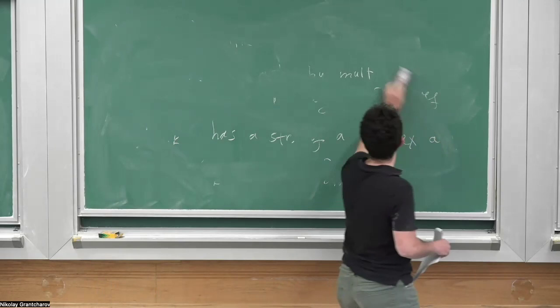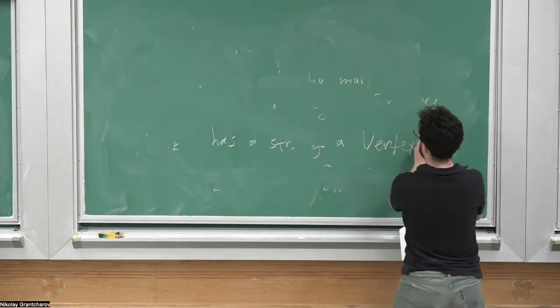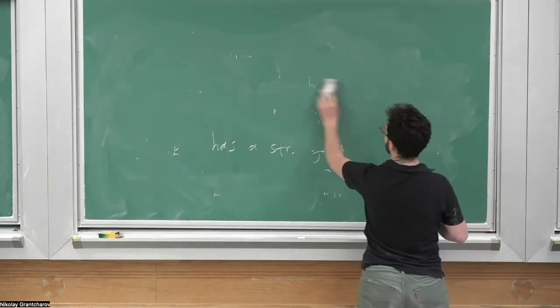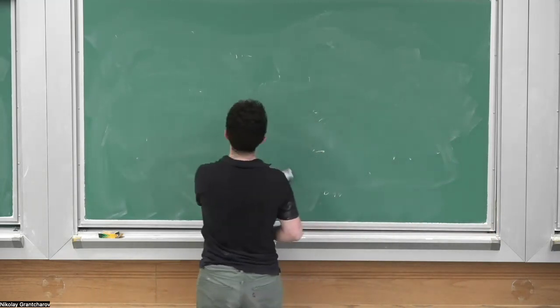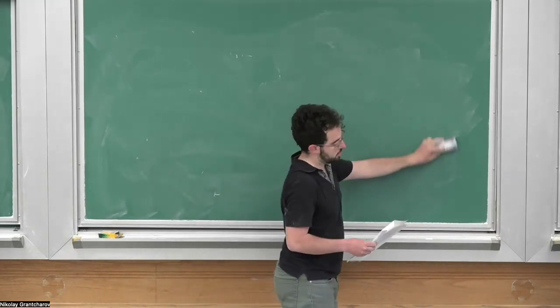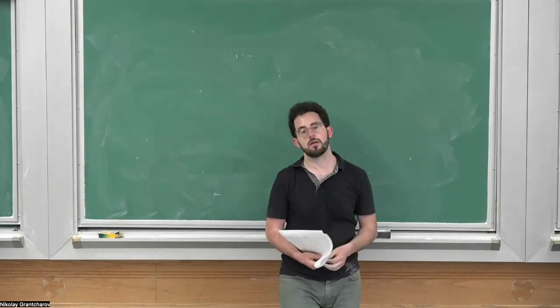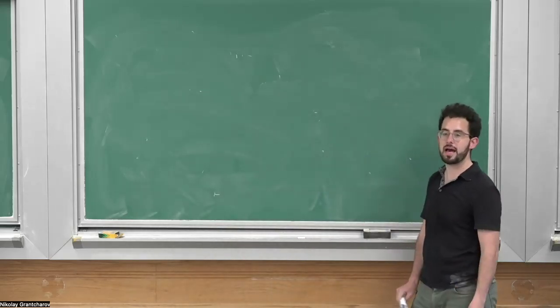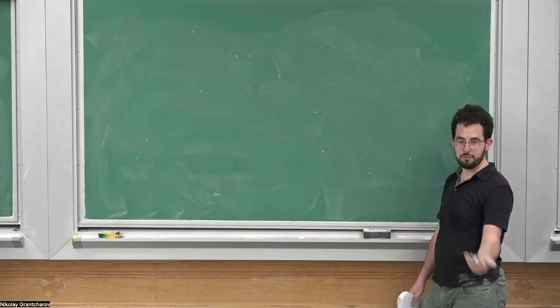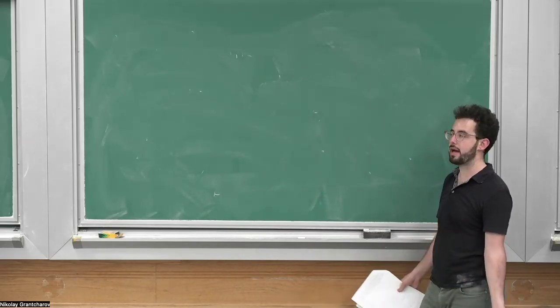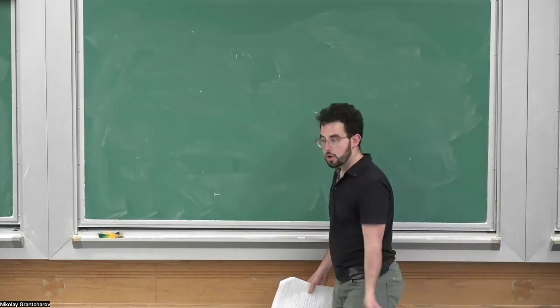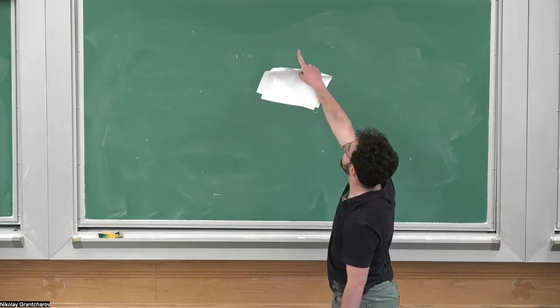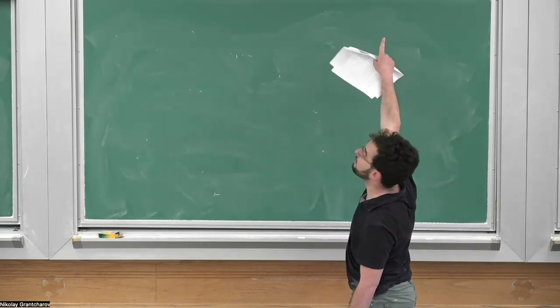So I will start with theorem 2. I claim that it has a structure of a vertex operator algebra. So yet again, the strategy in the finite case was one option to do that was to write it as the zeroth cohomology of something that we already know is an associative algebra. So here, this is a semi-infinite cohomology of a vertex algebra.